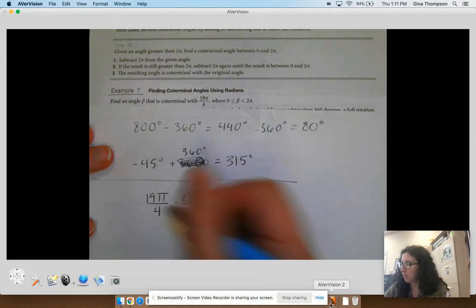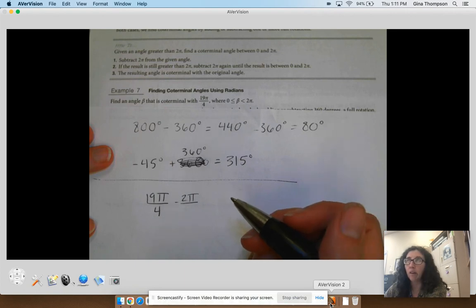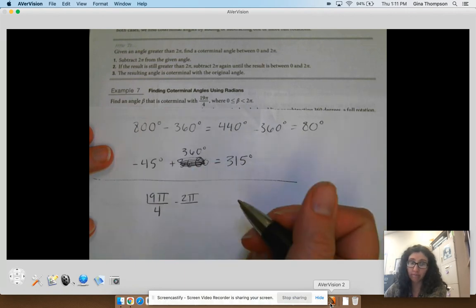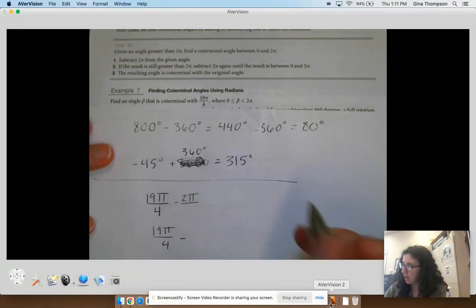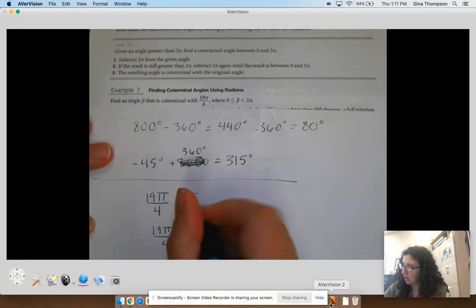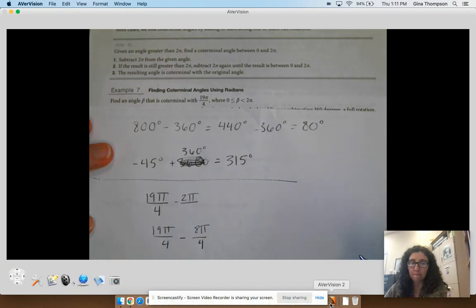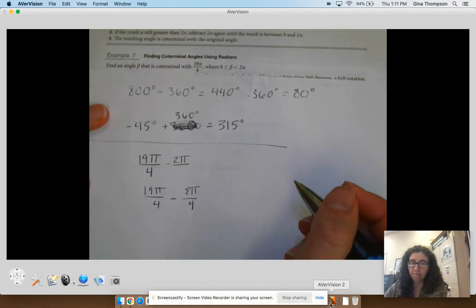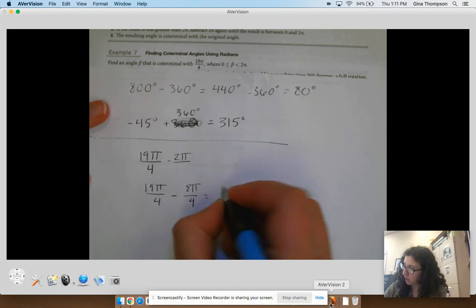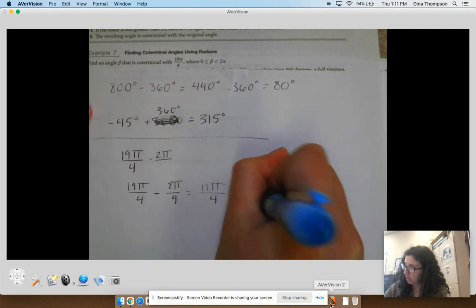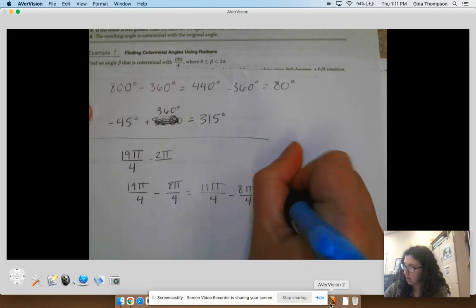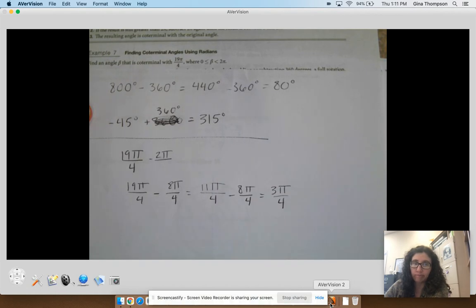So 19 pi fourths minus 2 pi. These are fractions, so we've got to find a common denominator. 19 pi fourths with 4 as a denominator, 2 pi I could write as 8 pi fourths, which is going to give me 11 pi fourths. Then I could subtract 8 pi fourths again, which is going to give me 3 pi fourths.